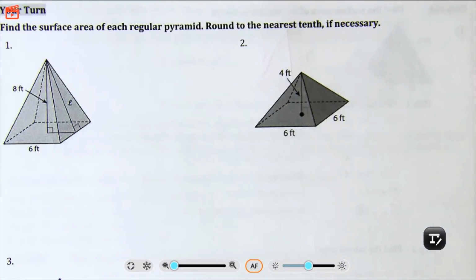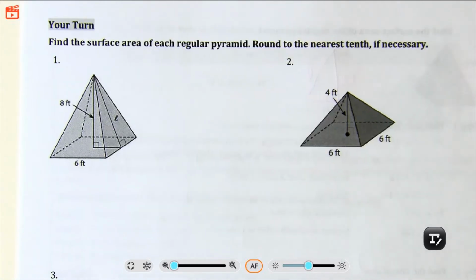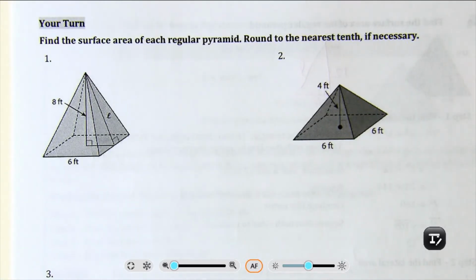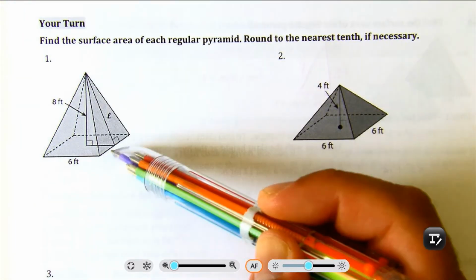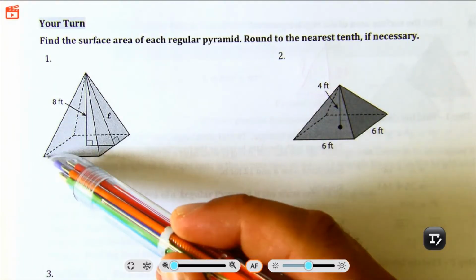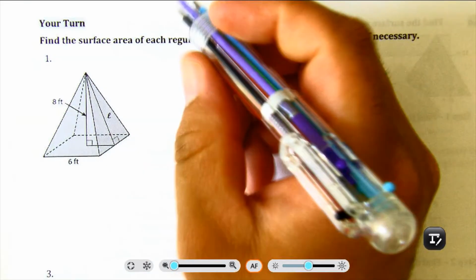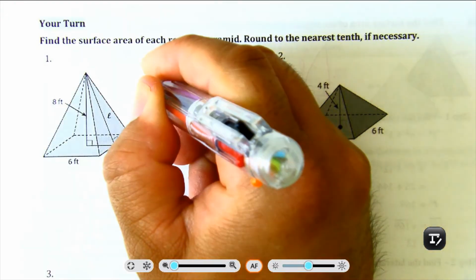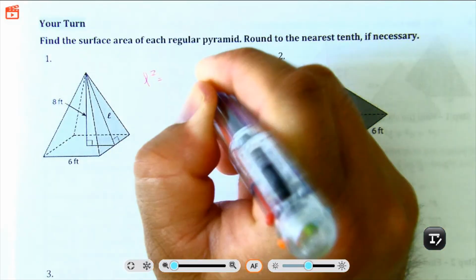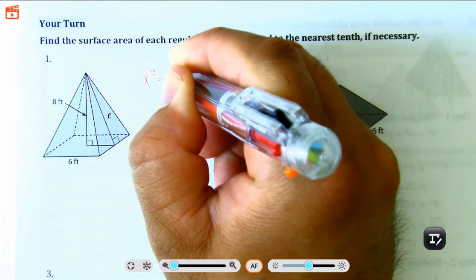Okay, so now it is time to try a problem where we are not given the slant height. Find the surface area of a regular pyramid. So, starting with the slant height, if the bottom distance is 6, then this has to be 3. So the formula using the Pythagorean theorem is the slant height squared is equal to 8 squared plus 3 squared.